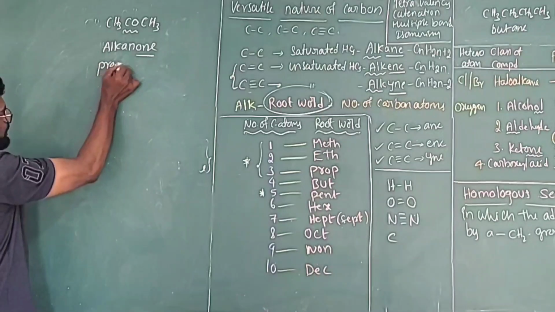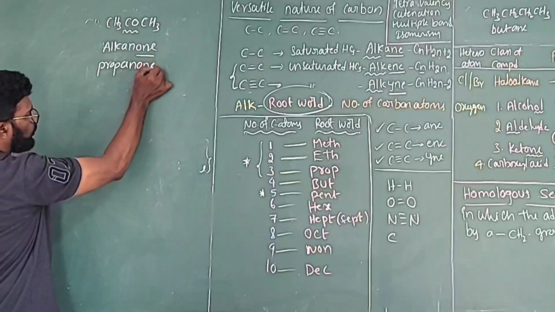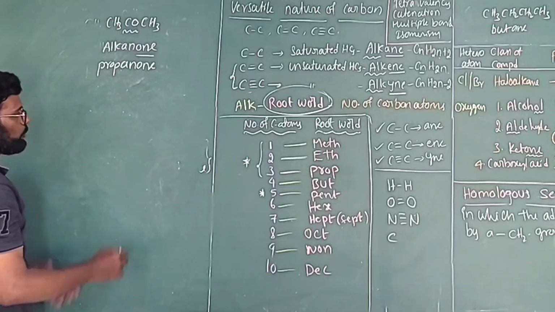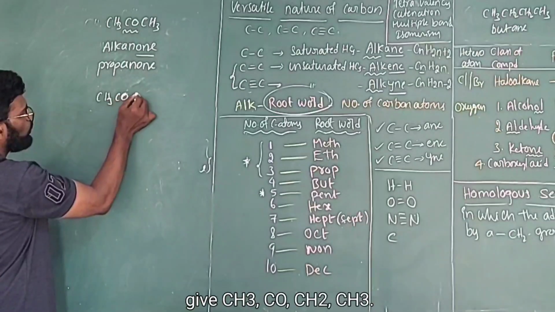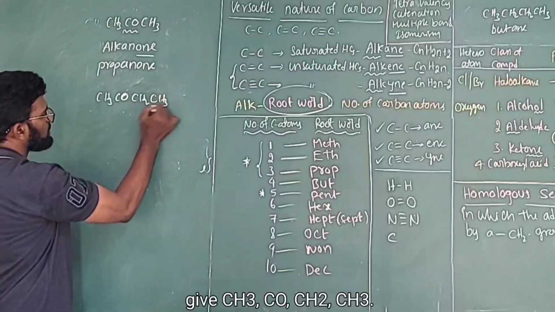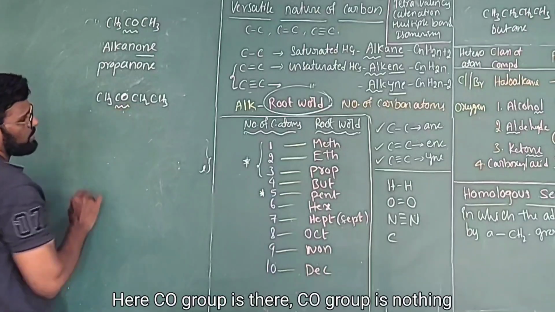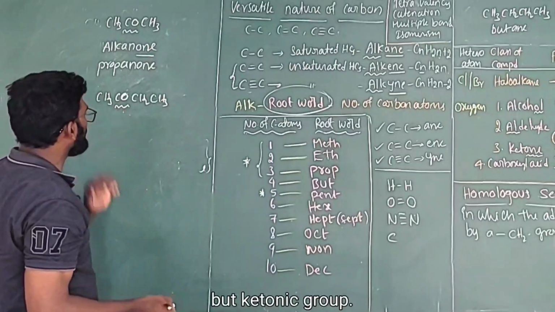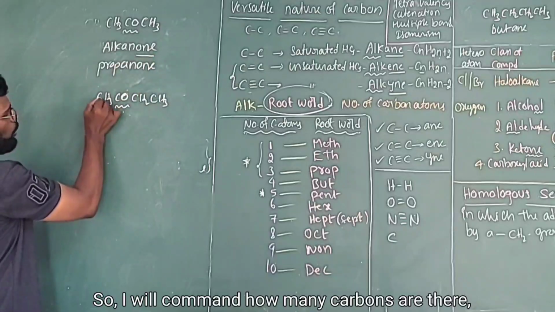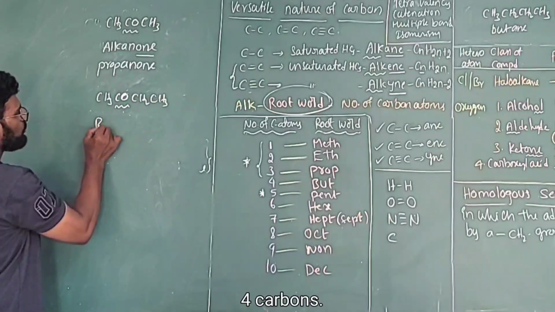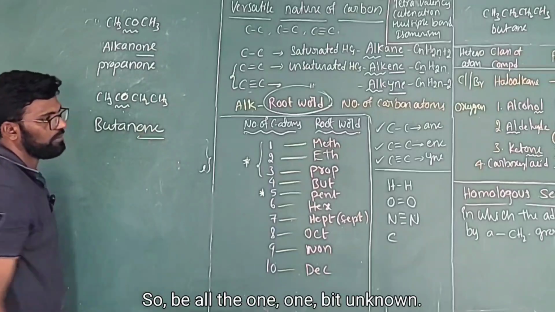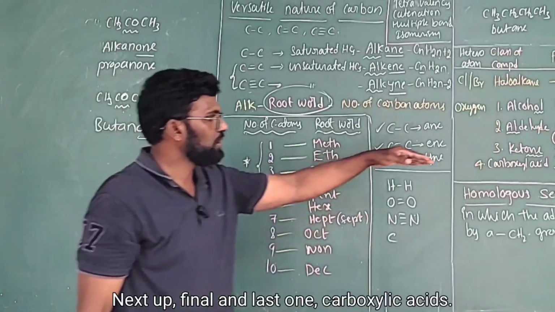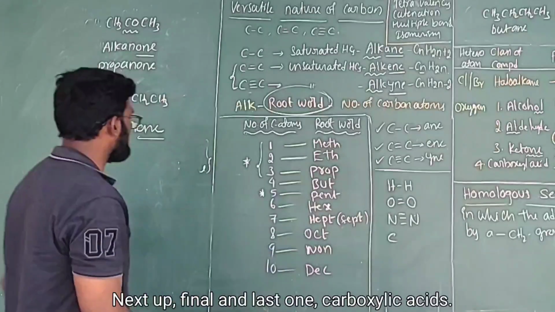So propanone. Okay, one more example also I'll give. CH3COCH2CH3. Here the CO group is there. CO group is nothing but the ketonic group. So alkanone. How many carbons are there? 4 carbons. So butanone.